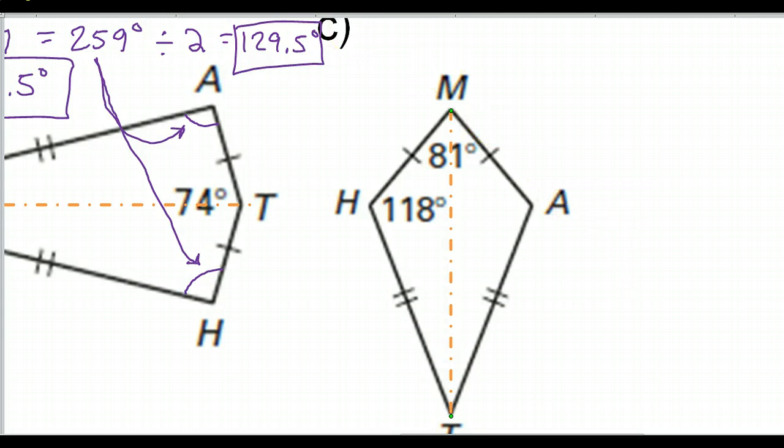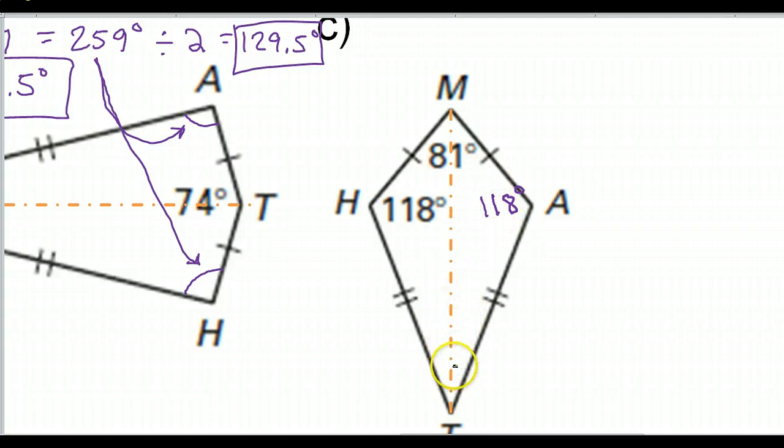Because of symmetry, can you tell me what the measure of angle A is going to be? Yeah, angle A is going to be 118 degrees. If the left side is 118, it's like a mirror image, and that's going to be 118.